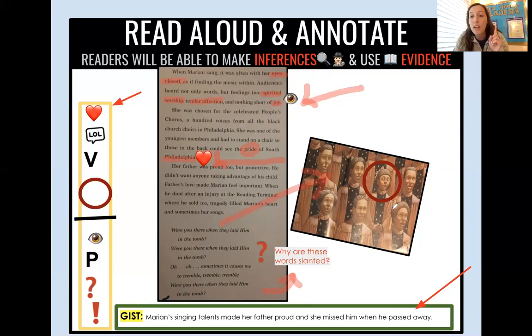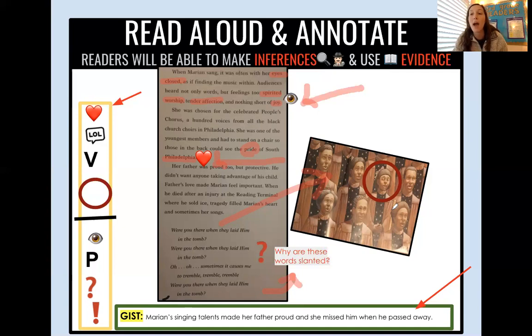The most important things that we learn about Marian and her father are that Marian is a singer and Marian's father passes away. Now, if I think about the whole text, if I zoom out and think about this whole page, I know that while Marian was a really good singer and that her father was proud of her, she was very sad when he passed away. And this was something that was very hard for Marian and her family.